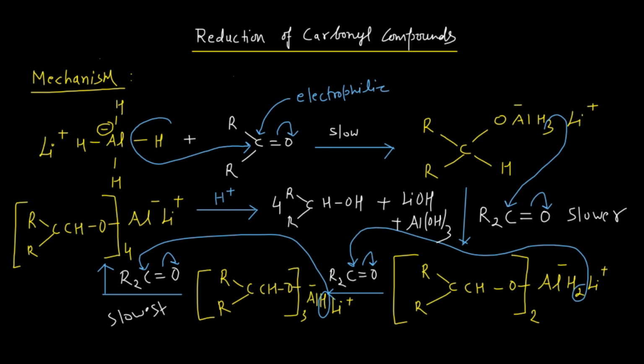That means the rate of the reaction keeps on decreasing when you have this alkoxy group here. Why does this happen? This alkoxy group is an electron withdrawing group, right? It shows the negative I effect, and that alkoxy group opposes the removal of the hydride ion from the species. That's why the rate becomes slower and slower.